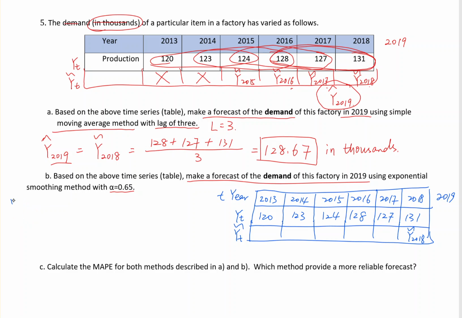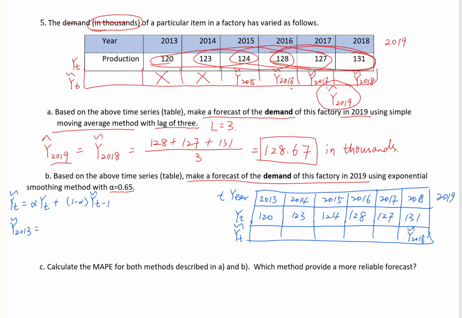We say the estimated value Yt hat is given by the formula: alpha times Yt plus 1 minus alpha times the estimated value at t minus 1. What does that mean? It is alpha times the current value plus 1 minus alpha times the previous estimated value. So let's work on the first one, 2013.